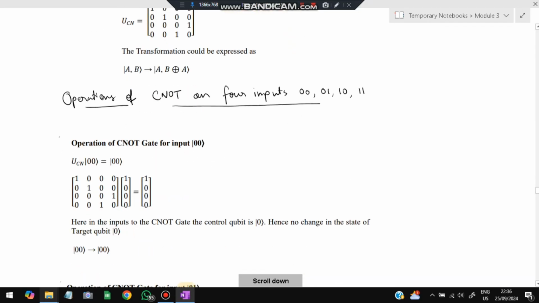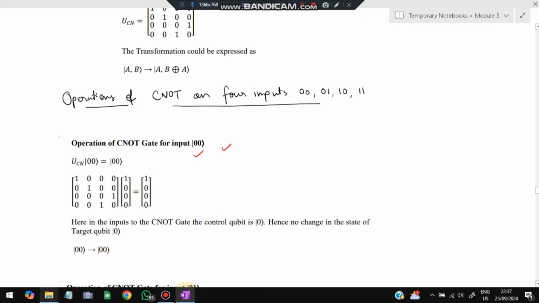Now the CNOT operation for the 4 inputs 00, 01, 10 and 11. Consider 00, which is given as 1 and three zeros. Multiplying it with the CNOT matrix, we get 1 0 0 0. Here the first bit is A and the second is B. If A is true, B should change.